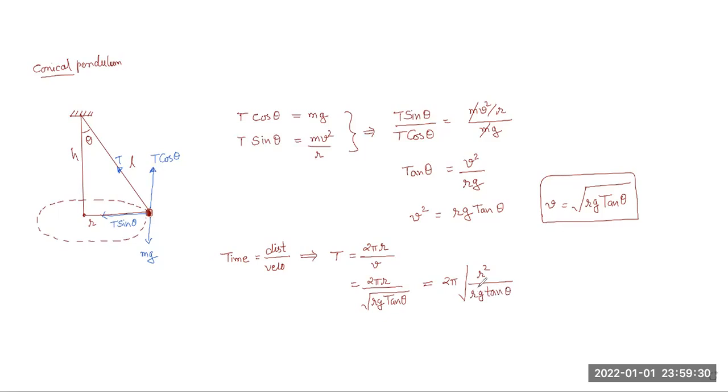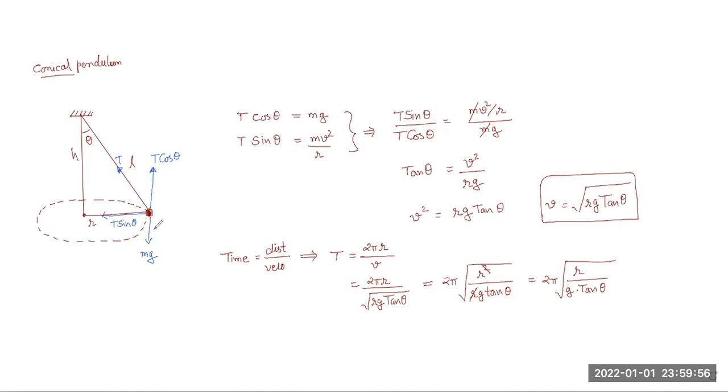Cancelling one r with r gives T equal to 2 pi root of r divided by g tan theta. This is one formula that we can easily use.